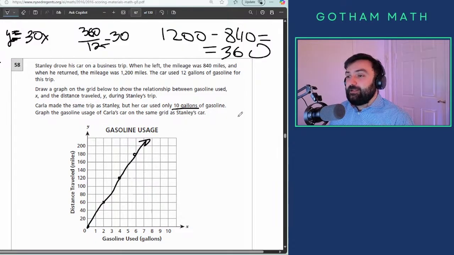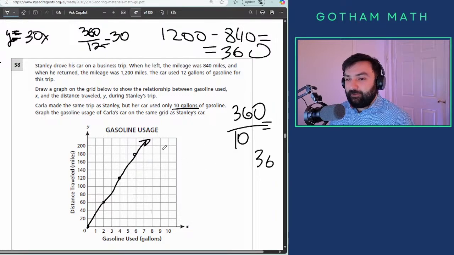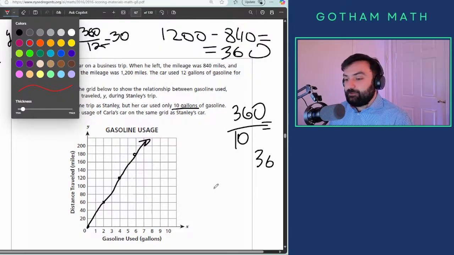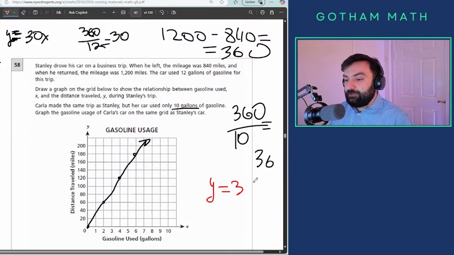Okay, so we're going to have to do 360 divided by 10, which is 36. Her equation is going to be y equals 36x. And how do we graph it? It's going to be 0, 0. But then for 1 gallon, it's going to be 36.